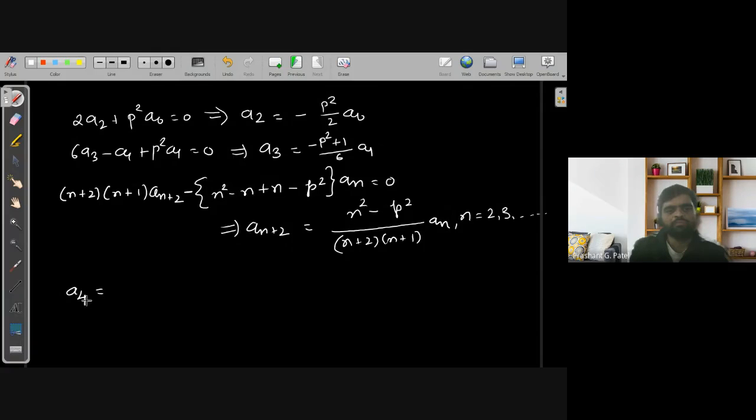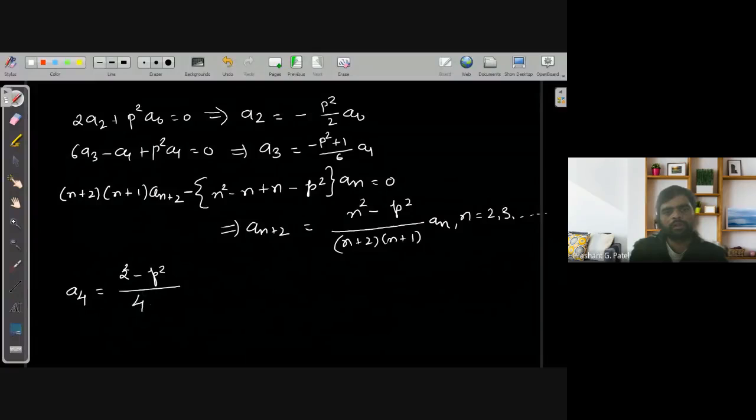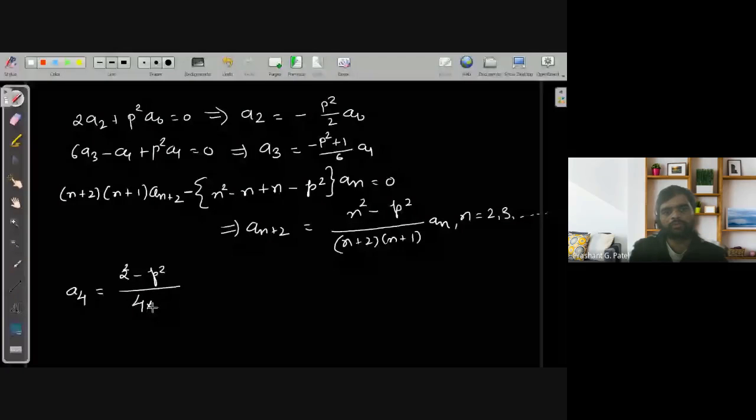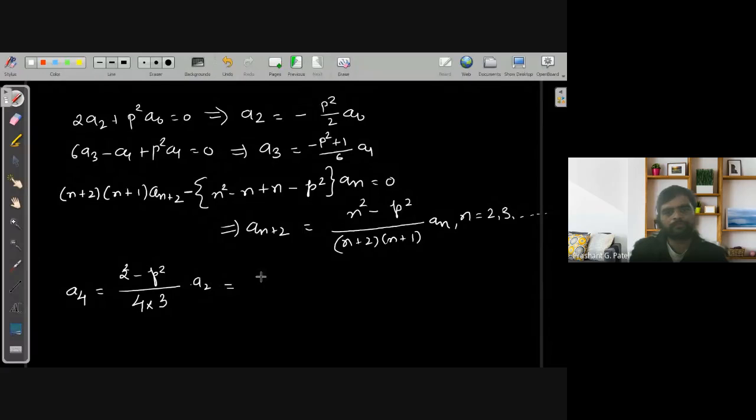So for n equal to 2, if I substitute, then a4 is 2 square minus p square upon 2 plus 2, that is 4 into 3, into a2. But the value of a2 is this, so it is 2 square minus p square into minus p square upon 2, so it is 4 factorial into a0.